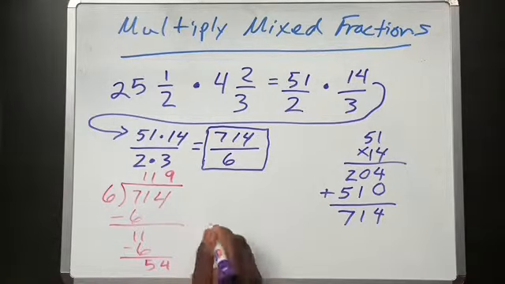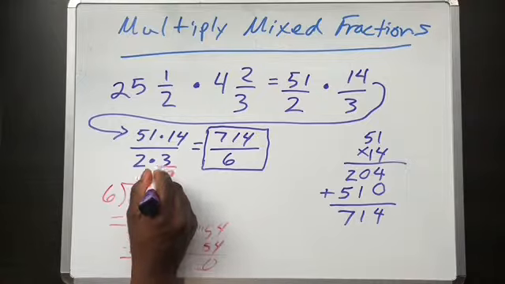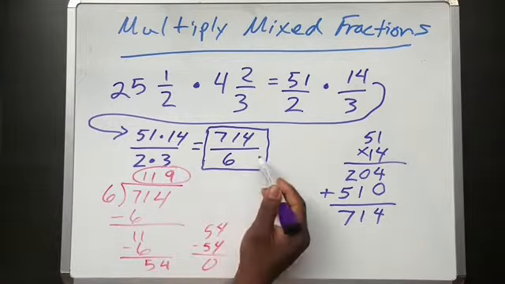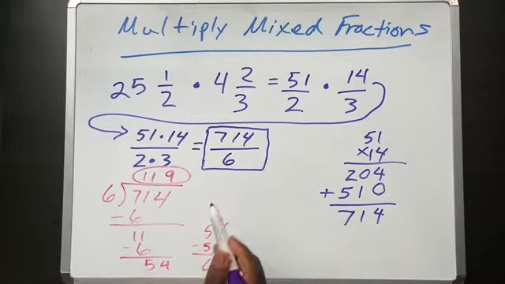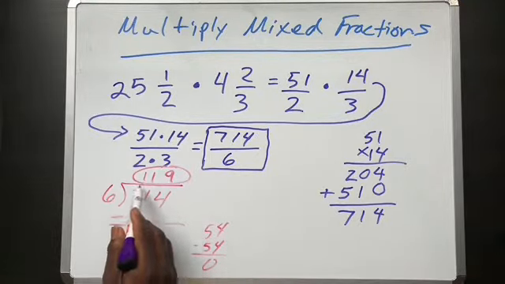So then I would have 54 minus 54, 0. So either we can stop short of 714 divided by 6, or we can stop with 119.